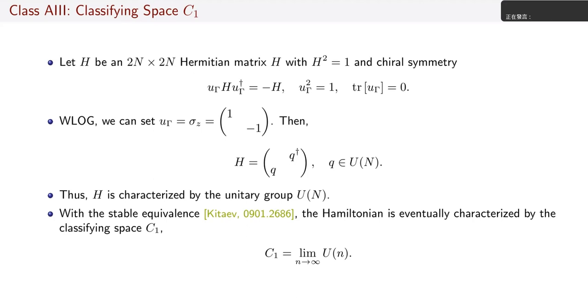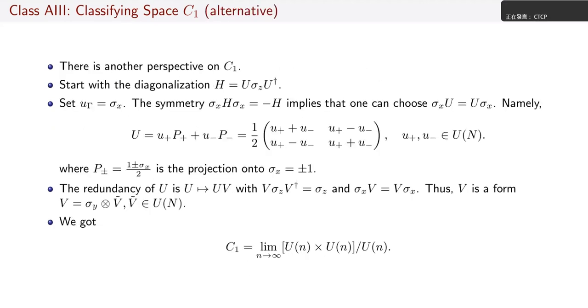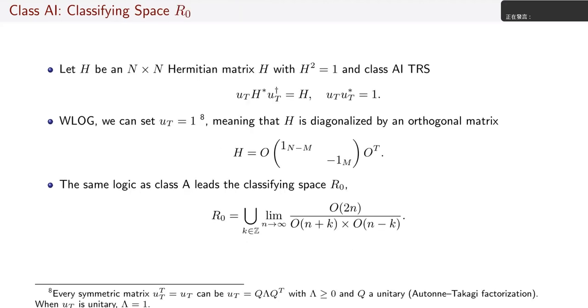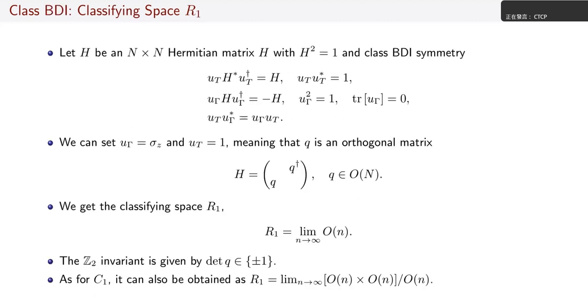So we compute this kind of thing for all symmetry classes. For example, this is class AI, with time-reversal symmetry whose square is 1, and we get this classifying space. And also this is classifying space R1, sorry, this is symmetry class BDI.